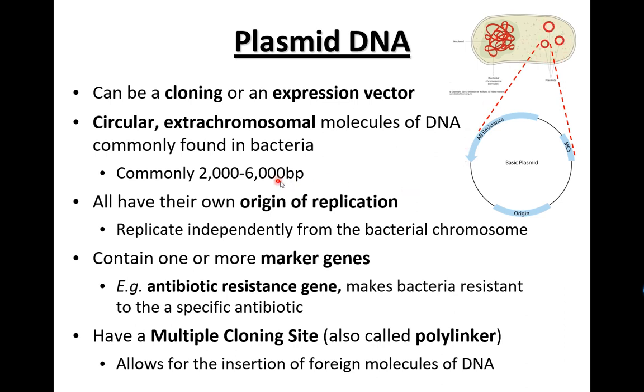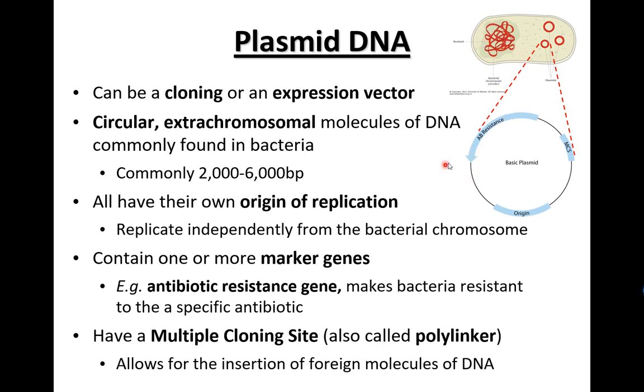In fact, they even have their own origin of replication, so they keep replicating independently from the bacterial chromosome. You can even start with very few plasmids inside a bacterium, and if you go back a few days later, you can have thousands of them because they keep replicating on their own, as an almost independent organism.